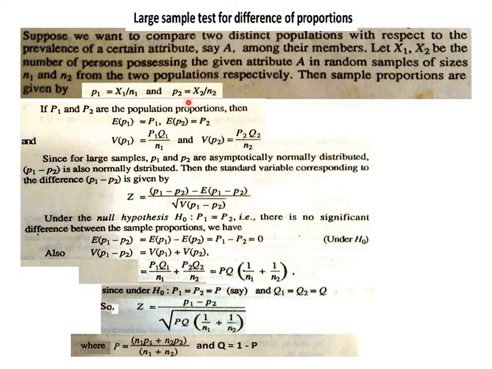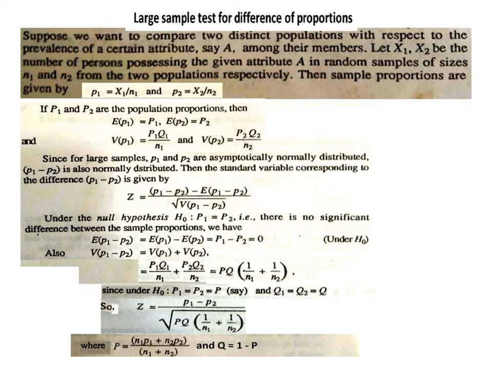Now assume that the mean or expectation of small p1 and p2 are capital P1 and P2, and the variances of small p1 and small p2 are capital P1 Q1 upon n1 and capital P2 Q2 upon n2. These are standard symbols and standard definitions given for two samples. Whenever we talk about two sample sizes n1 and n2, these are the standard results.